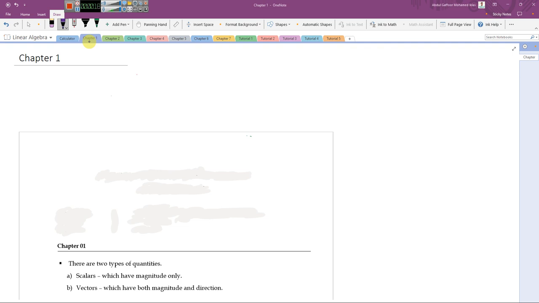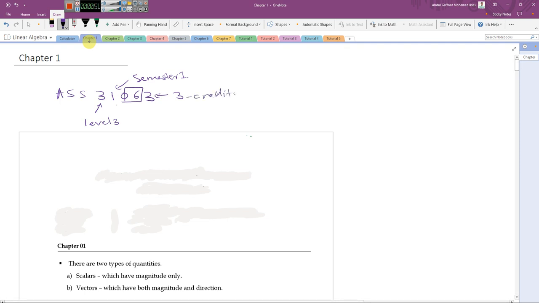The course code of this course is ASS 31063, which means this is offered in level 3, first semester, and this is the number assigned to the course, and it has 3 credits. So this is a 3 credit course.